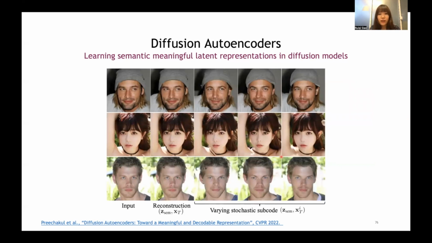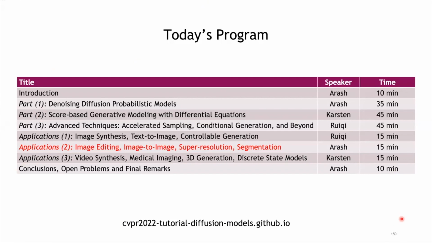And they also examine that if we fix the z_sem for each row and we change the latent x_T in the conditional diffusion model, we can see it only corresponds to very tiny details in this image and perhaps other perceptually invisible features in the images. So that ends the first part of the application. Thanks for listening.